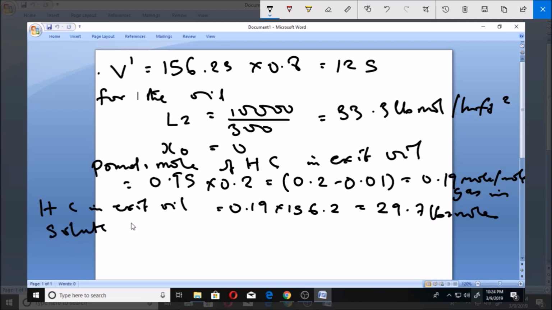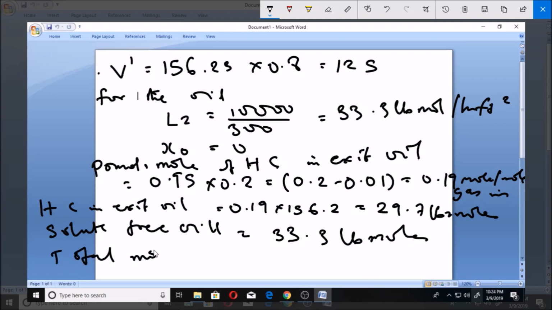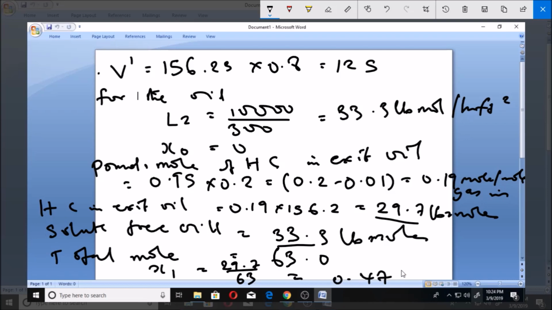The solute free oil is 33.3 pound moles, so the total moles is 29.7 plus 33.3, which gives us 63.0. So X1 is equal to 29.7 over 63, which gives us 0.472.